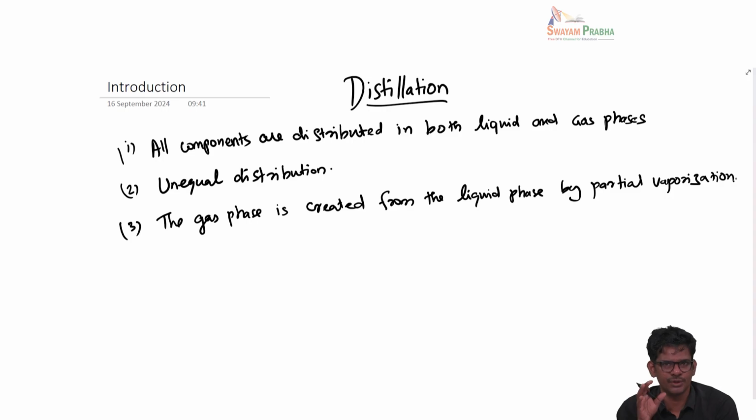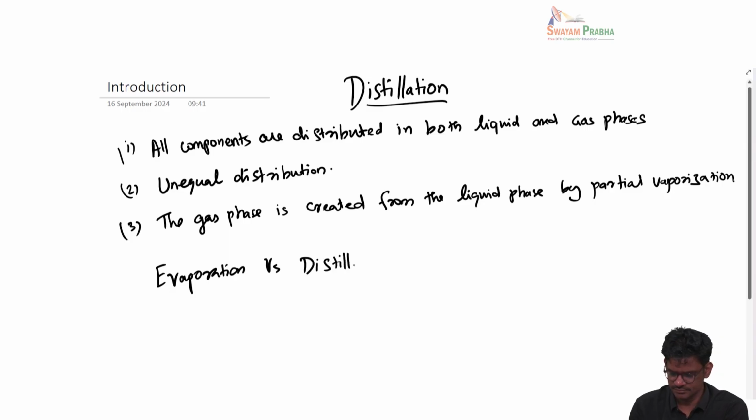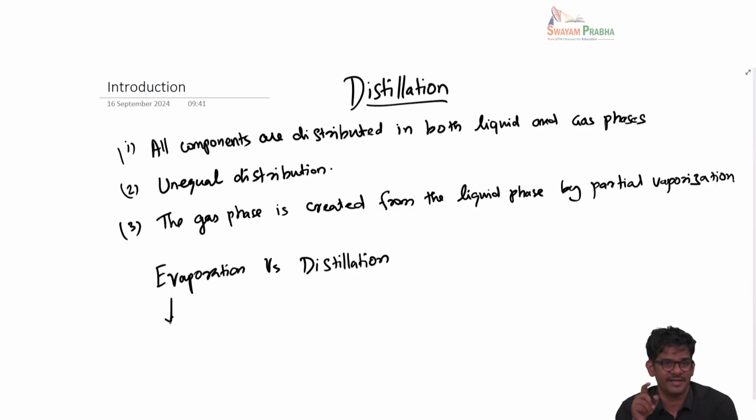Now, we also have to distinguish this term distillation from other similar processes such as evaporation. Okay. So, evaporation versus distillation. In evaporation, one of the components will be non-volatile. Okay. To give an example, if you take an aqueous salt solution and then you evaporate the solvent. So, here in the gas phase, only the solvent will be present.